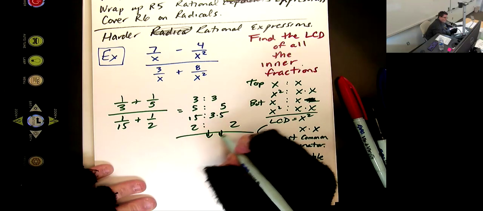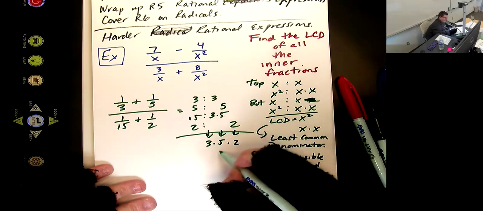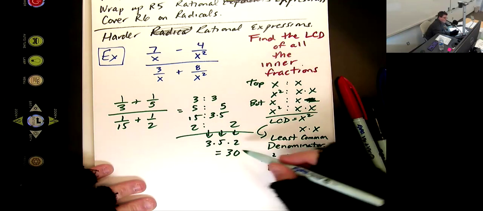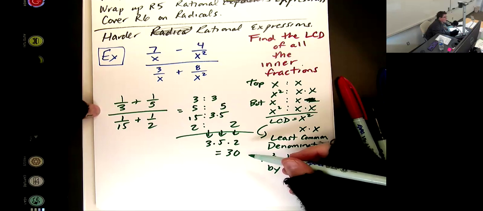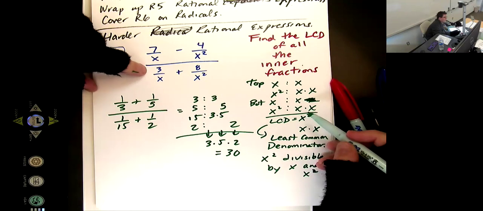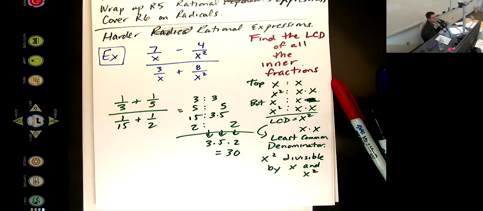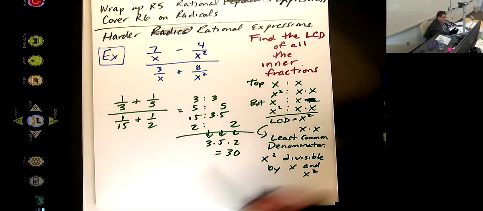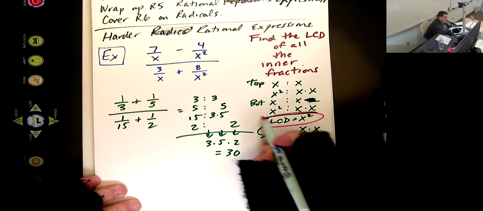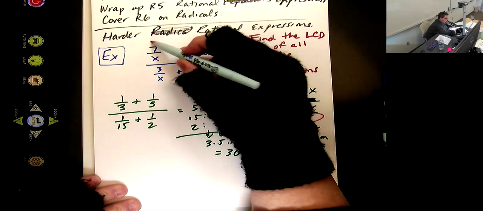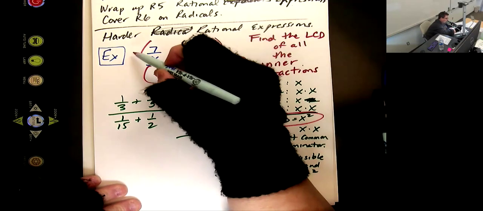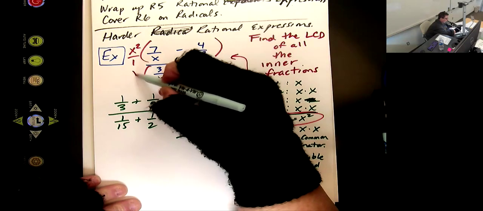One from each column is 3 times 5 times 2, which is 30. 30 is divisible by all of these, and it's the smallest number that is. 60 is also divisible by these, and so is 90. The same way up here, multiples of x squared work. I could have x to the 4th, or x to the 6th. That make sense? Okay. All right, so we've got our LCD. What we're going to do is multiply top and bottom by that value, and since it's a fraction, we're going to put it over 1.